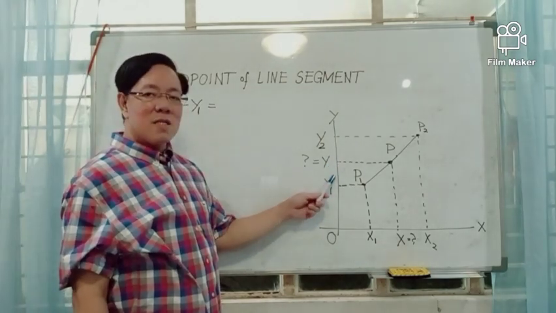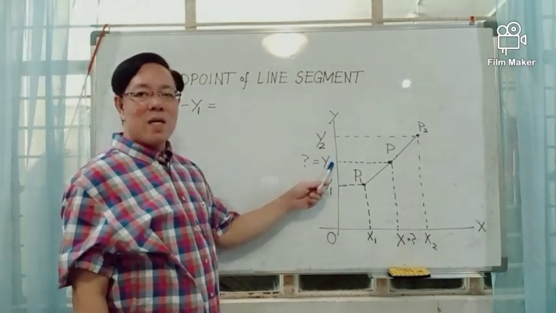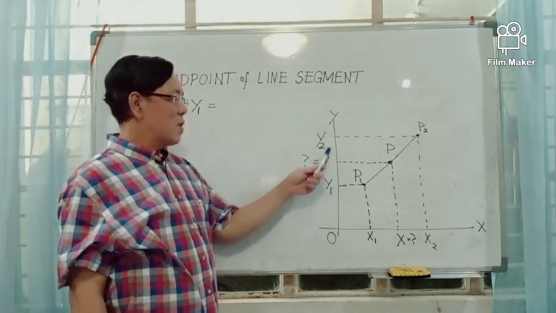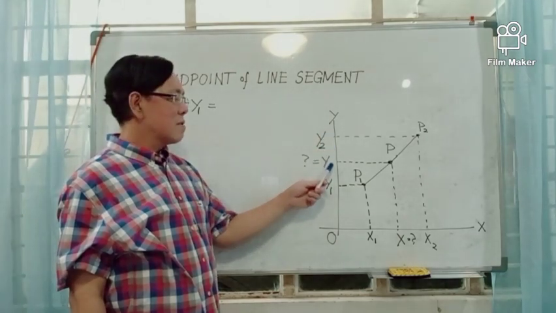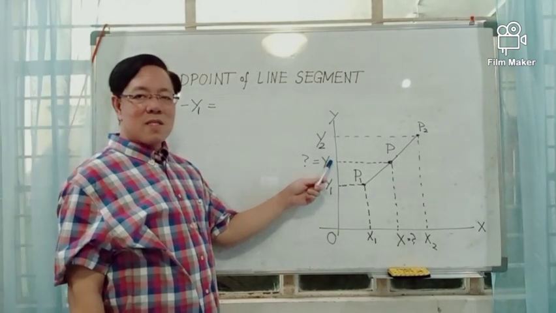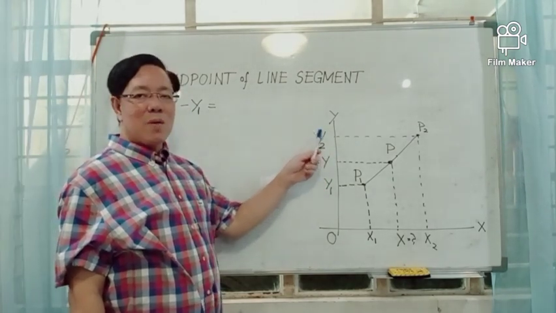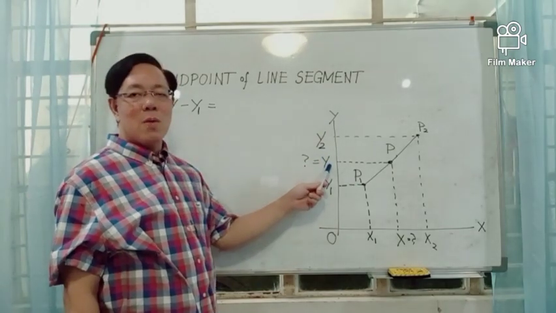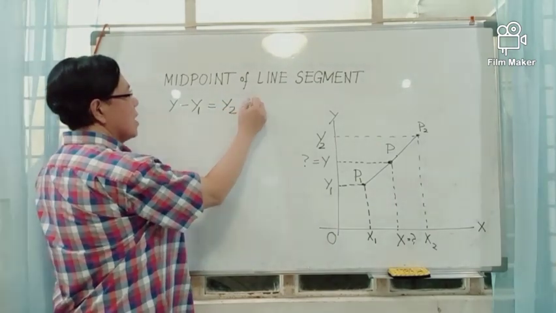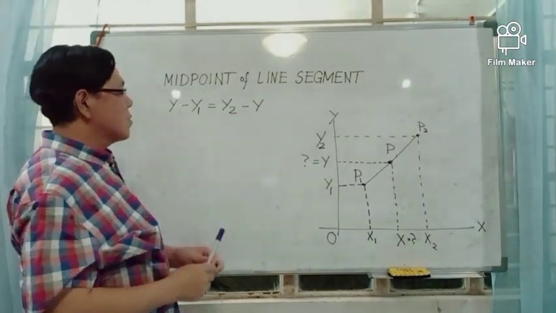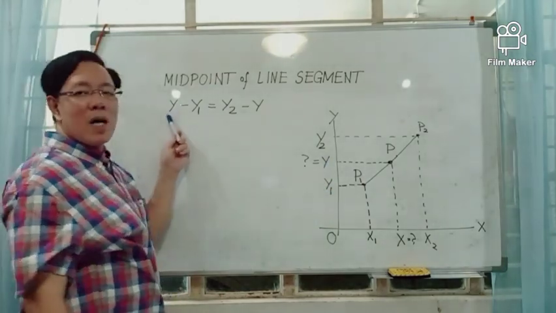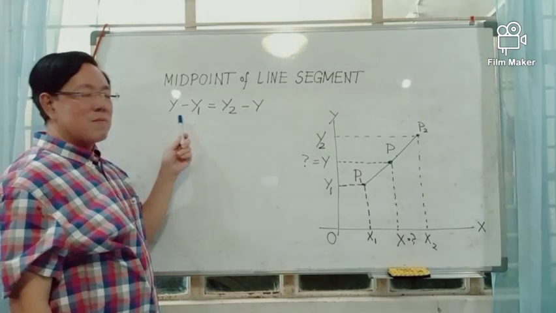And this distance is equal to the distance between y and y2. Again, when you get the distance between 2 points on the vertical axis, you start with the higher point. Hence, the distance between y and y2 is given by y2 minus y. And this distance y2 minus y is equal to the distance between y1 and y given by y minus y1.